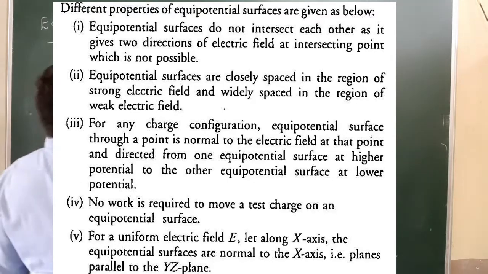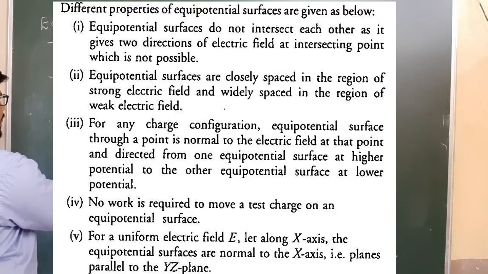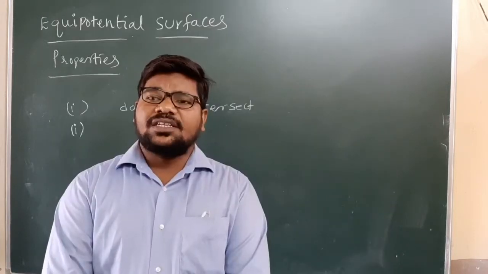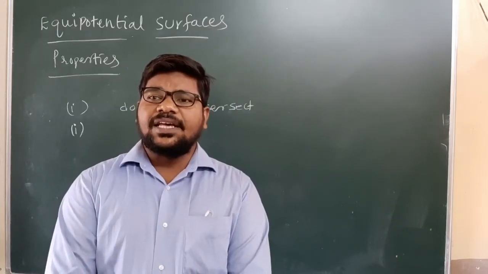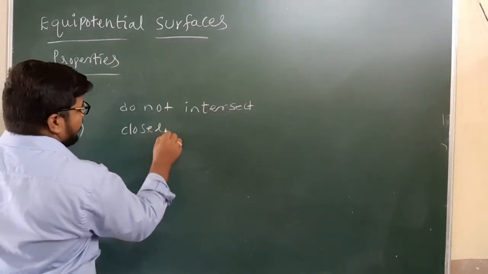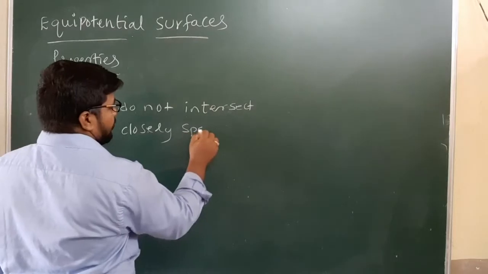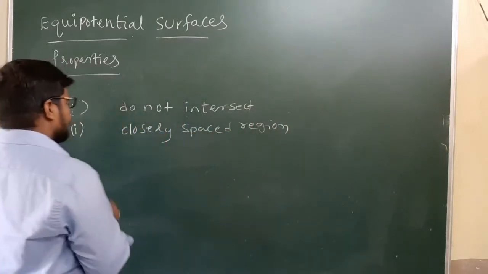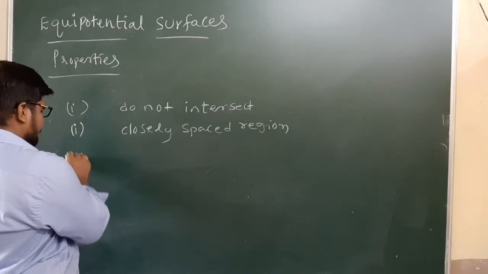And second point, equipotential surfaces are closely spaced in regions of strong electric field and widely spaced in regions of weak electric field, from strong to weak, my children.